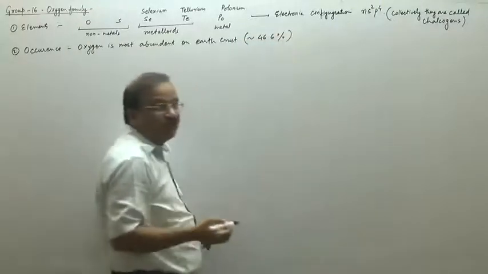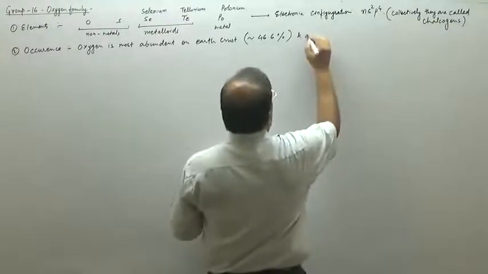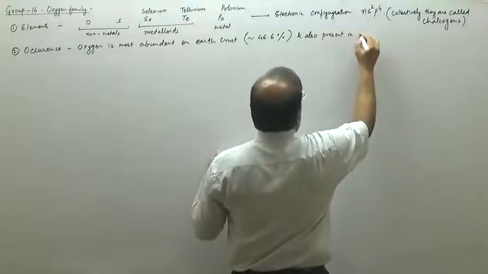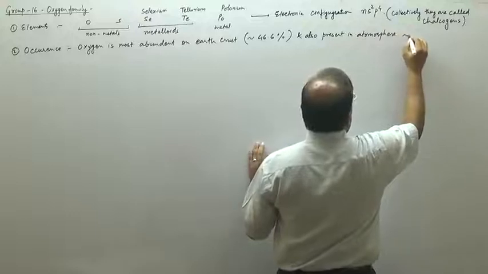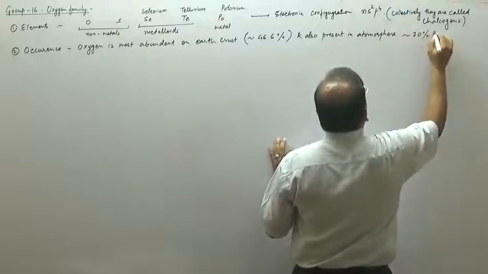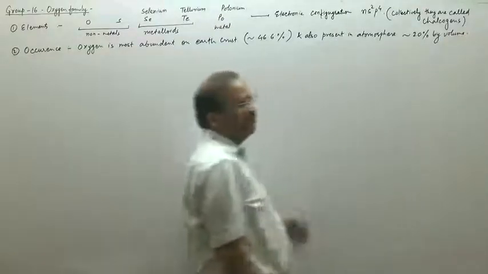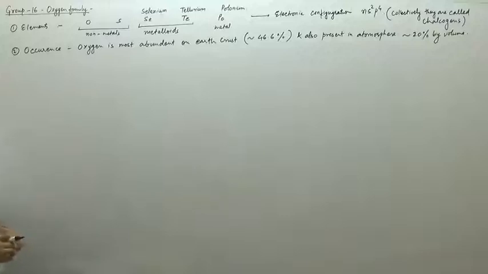It is also present in the atmosphere, around 20% by volume. That is the occurrence of oxygen.